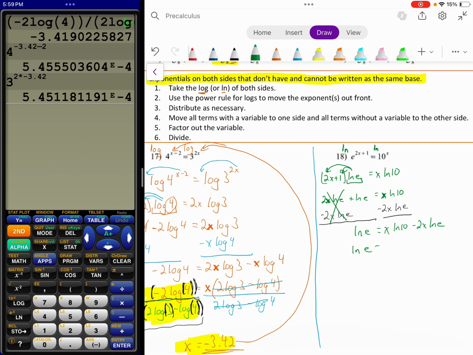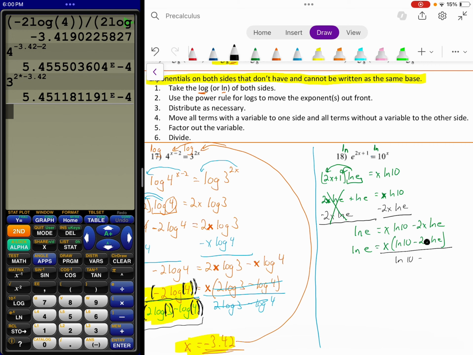Factor out the x here. So we're at step 5. Factor out the x. So natural log of 10 minus 2 natural log of e. And finally, we divide by natural log of 10 minus, oh, I'm sorry, I left this x in here, but we factored it out.